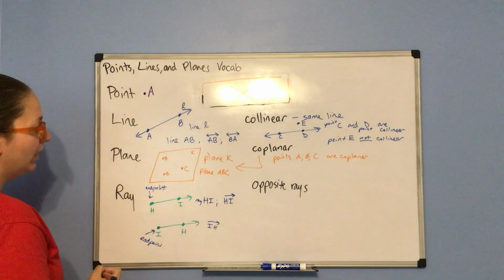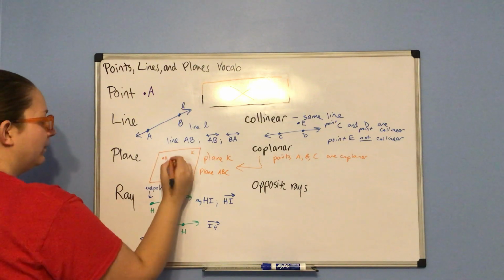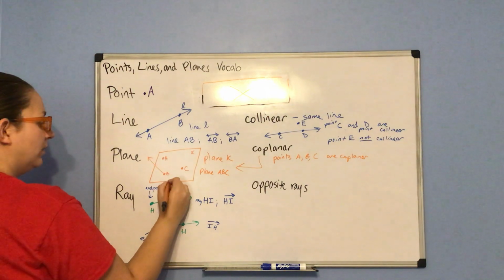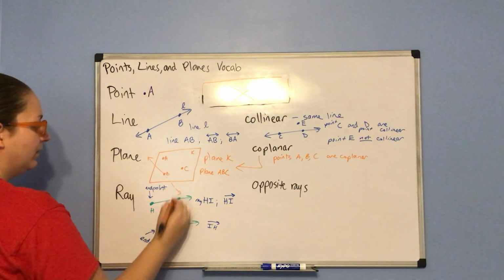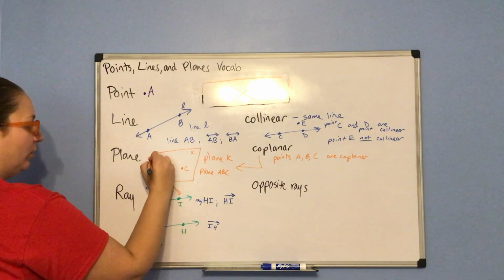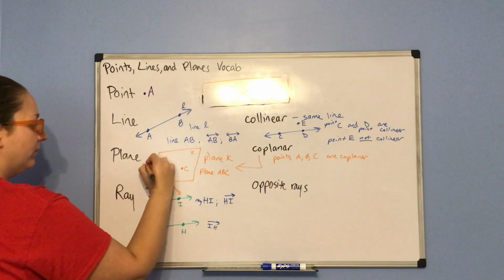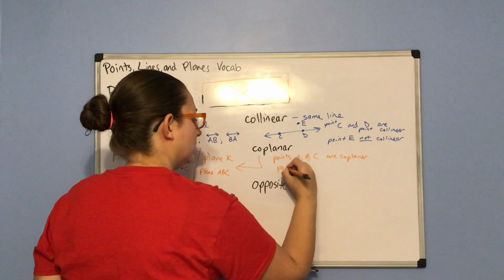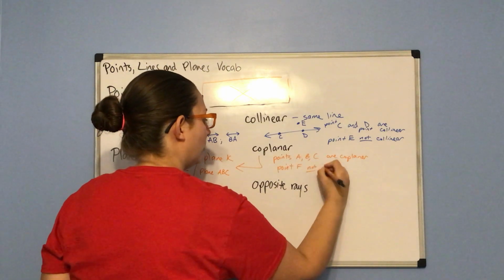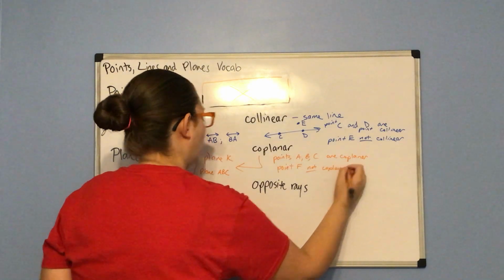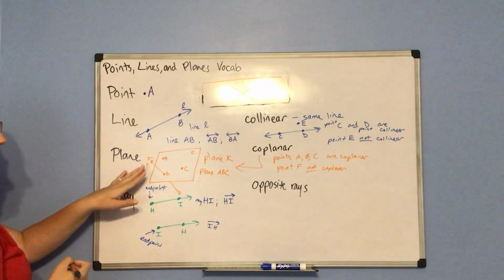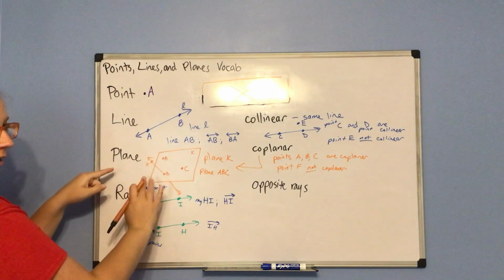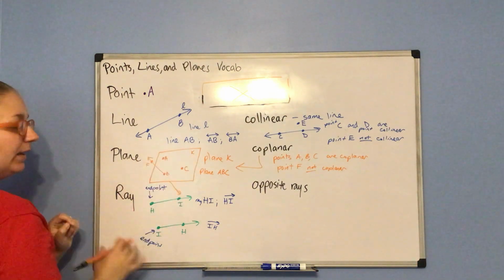If I were to have some sort of line extending from point B, and then I had another point on that line, let's call it F, point F is not coplanar with A, B, and C because it doesn't fall on the same plane. It would be on some different plane. For instance, F, A, and B can make a plane, but it's not on that same plane K as A, B, and C.